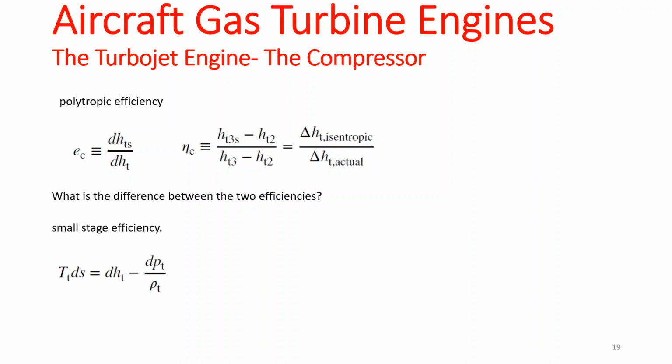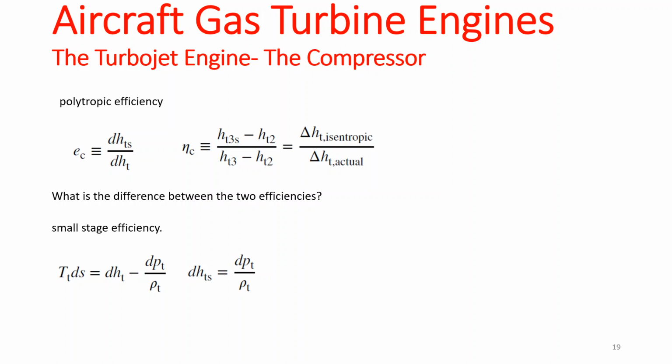Okay. So we have the equation. If you go back to chapter 2, we had an equation that related the enthalpy to pressure, density, temperature and entropy. This means that we can replace dH of T, your total enthalpy, with a rearrangement of this equation, and we can also rewrite it for a reversible process.